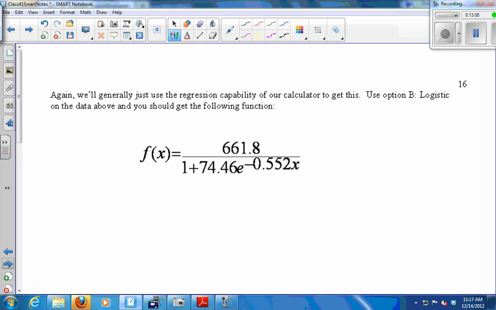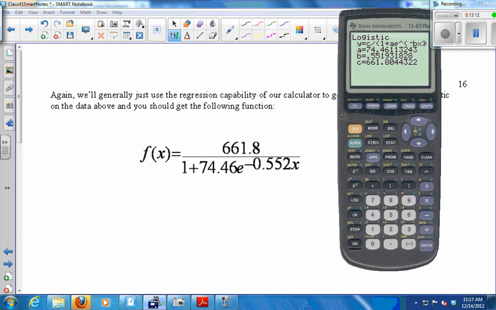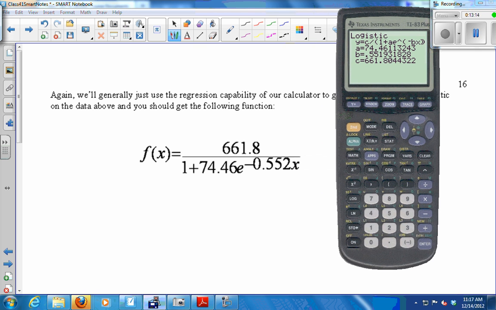So when I write it out, I should get this. So 661.8 is the C value, that goes on top. And then 1 plus A e to the negative BX. And the A is 74.46, and B was 0.552.